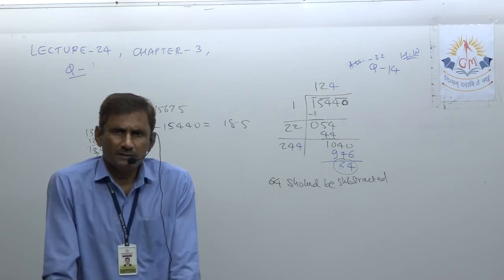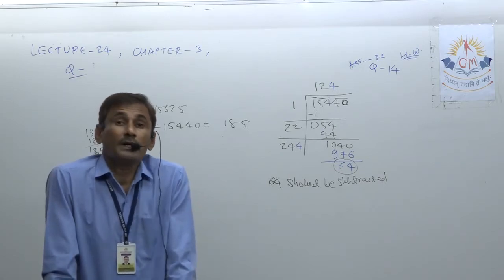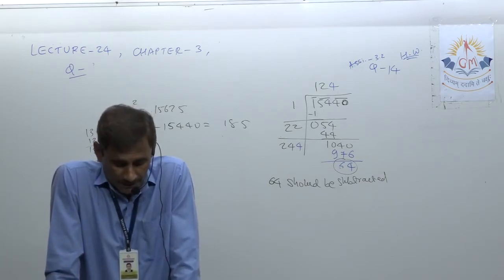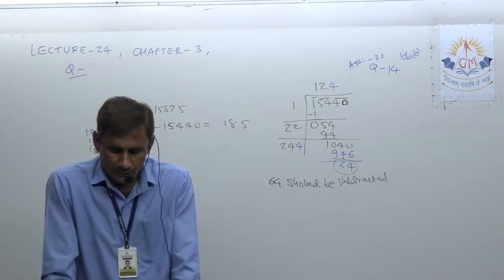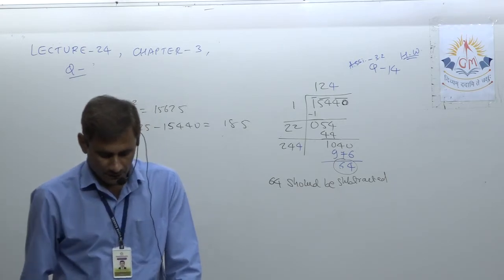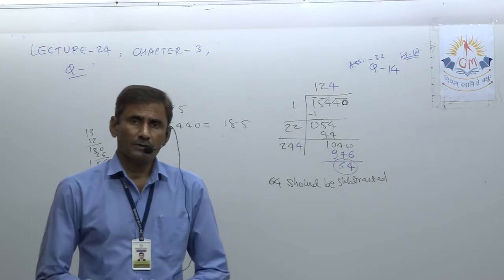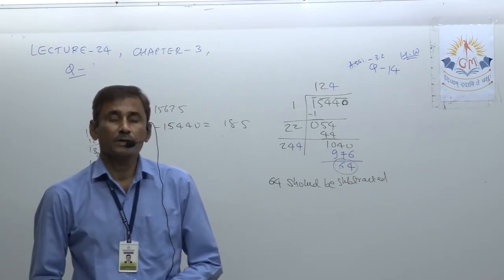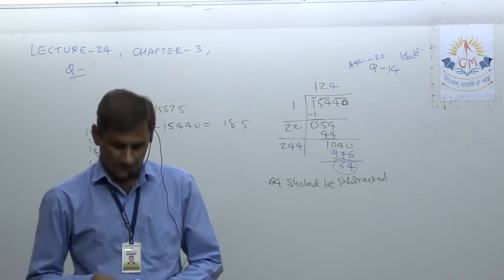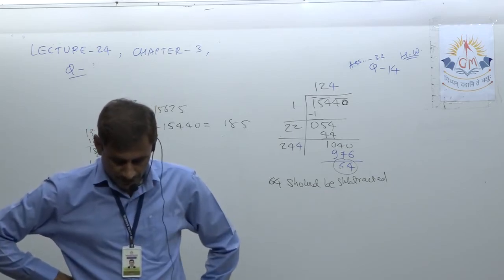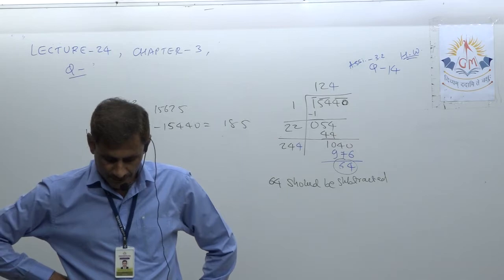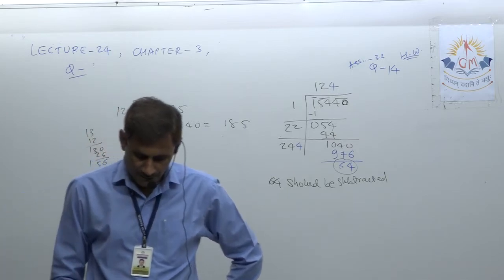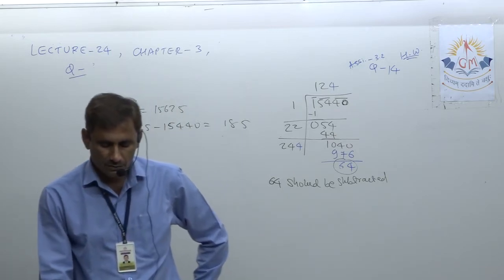Okay, that's fine, but if not ending, then if the division process is not ended up to 2 decimal places, find the square root up to the 3rd decimal place. So now we have to go one step ahead, the 3rd decimal, after the point, the 3rd digit. If the digit of the 3rd decimal place is less than 5, write the quotient obtained up to 2 decimal places as the square root of the given number.